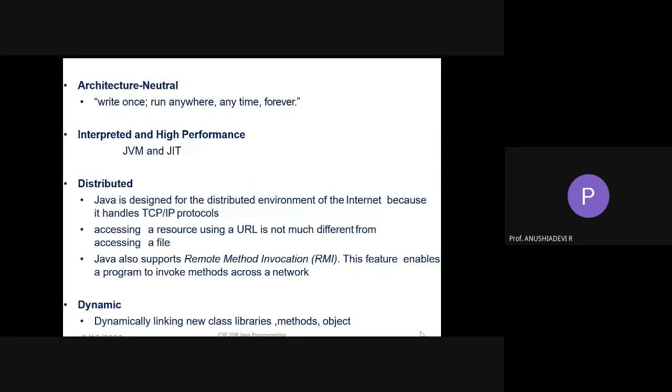Now are we able to see the PPT, ma'am? Yes, ma'am.